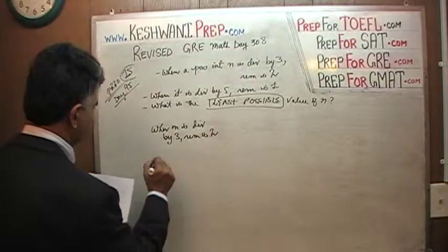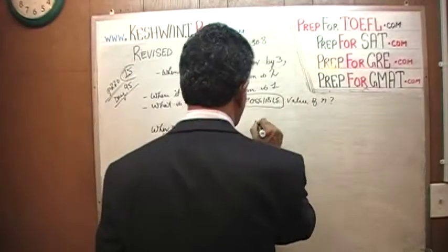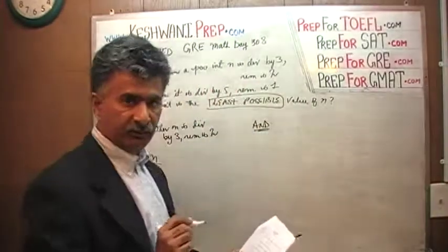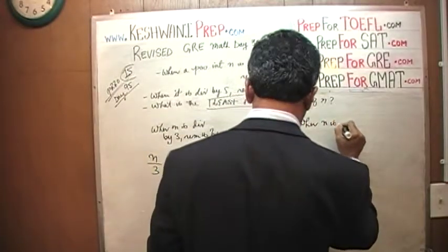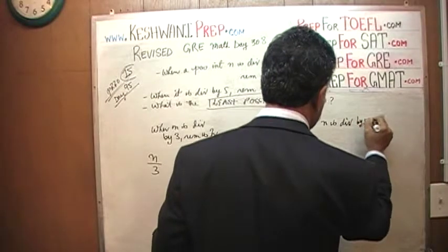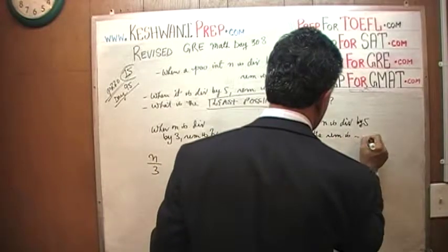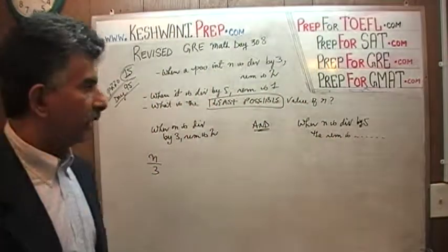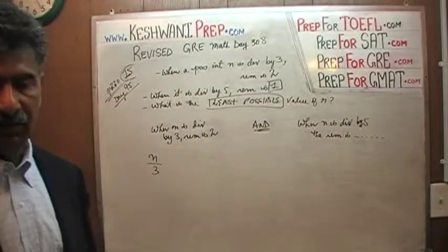That's the first condition. So here's our n, you divide it by 3, we have to have a remainder of 2. And the second condition is that when n is divided by 5, we want a remainder of 1.